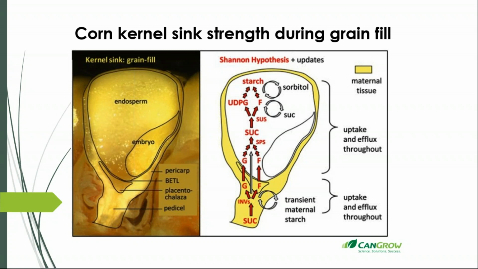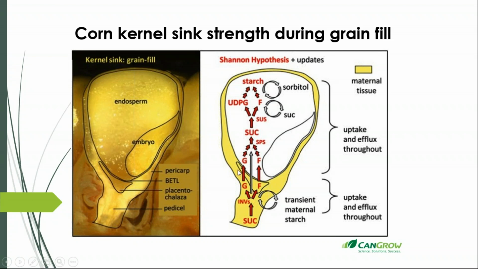Also, in the study of epigenetics, this BETL, this basal endosperm transfer layer, comes into play, because epigenetics is how life inherits its own unique variation of the genes that it came from. As we know, it's more than just direct gene transfer.